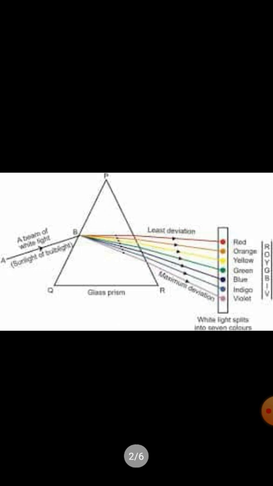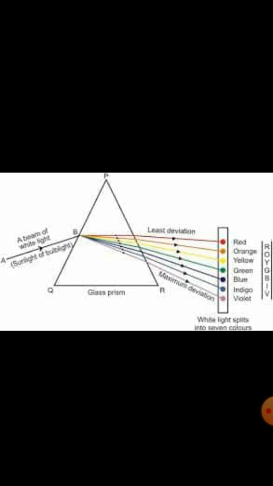Now, can you tell the sequence of colors that are appearing on the screen? The order in which the colors are seen on the screen. We can find violet at the bottom and then indigo, blue, green, yellow, orange and red on the top.